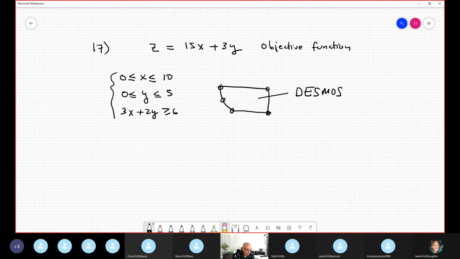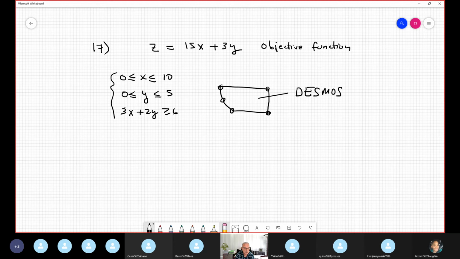Okay, we are doing question 17. Look at that, 17. Do you see this one, guys? Good. Okay, my first goal is, look, I put in the inequalities one by one. No, let's do it easy.